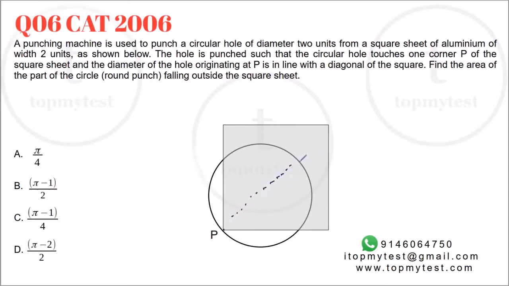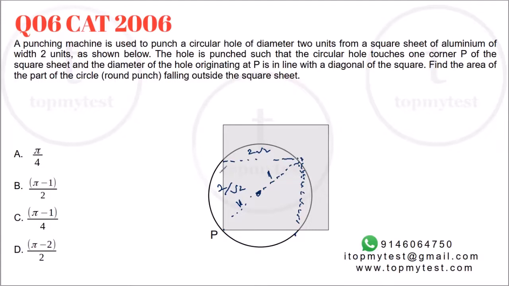Okay, now if you draw the lines, because of the symmetry involved, the diameter is 2 units, so radius is 1, this is 1, diameter is 2, this is a square, so this will be 2 by root 2, this will be 2 by root 2.